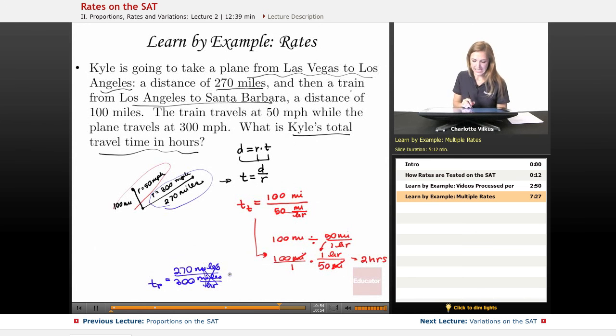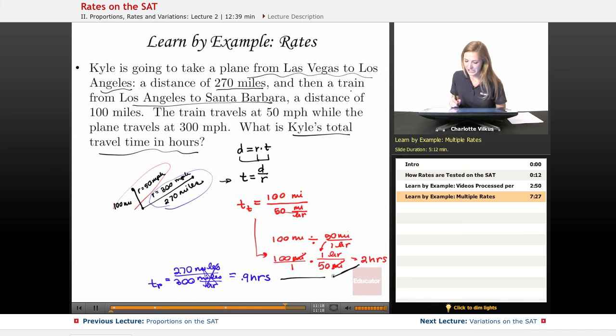That's what I want. But here, my number is actually going to be 0.9 hours. So because he's going so much faster in the plane, it's going to take him a lot less time to go this long distance than it is going to be to go the shorter distance between Los Angeles and Santa Barbara.